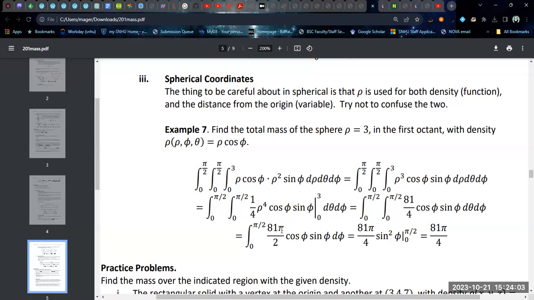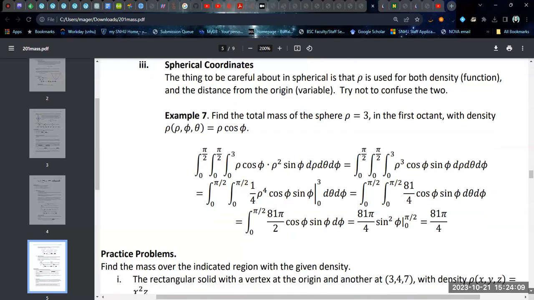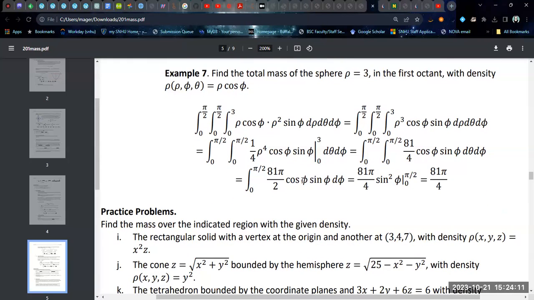I think this should actually be 81 pi over 8. And then little typos, and that's why we walk through them. And then to integrate the cosine phi, sine phi, you choose one of these to be your u variable, and then you do your substitution, and you get 1/2 u squared.